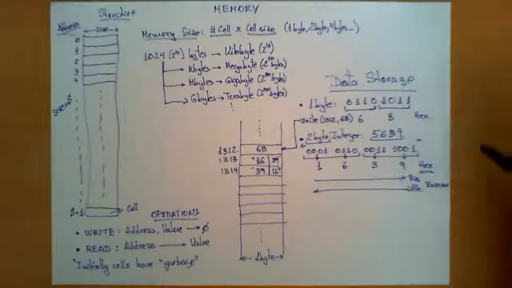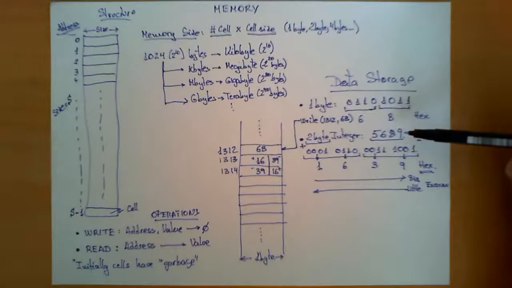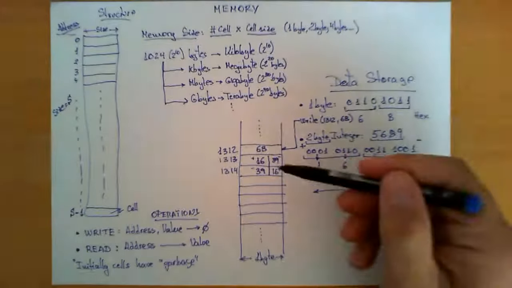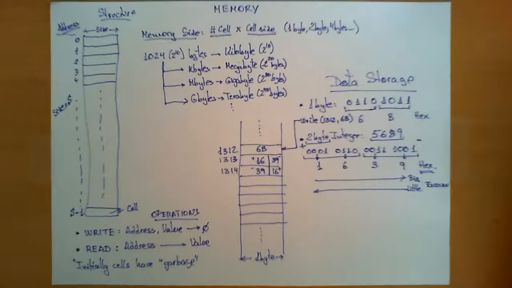We would say still that the number is stored in position 1313. But we have to remember that it's a 2-byte integer, and we need to remember also which convention we used, big or little endian. If a computer system chooses one of these 2 policies, it uses that policy throughout its life.